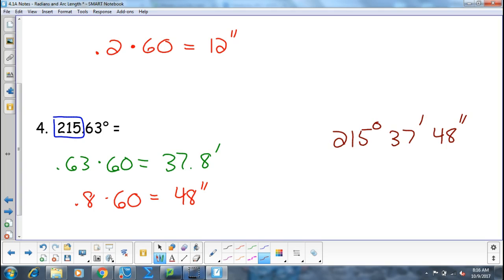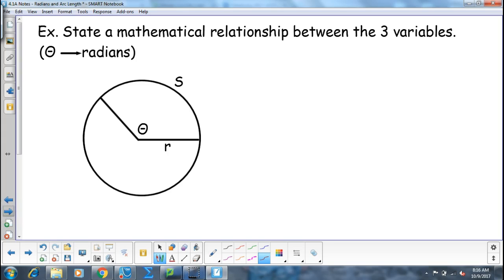Okay? So now, let's chat about the relationship between S, theta, and R. Thinking back to the Smarty Lab, does anybody remember what the relationship between the arc length S, the radius R, and the central angle theta is?